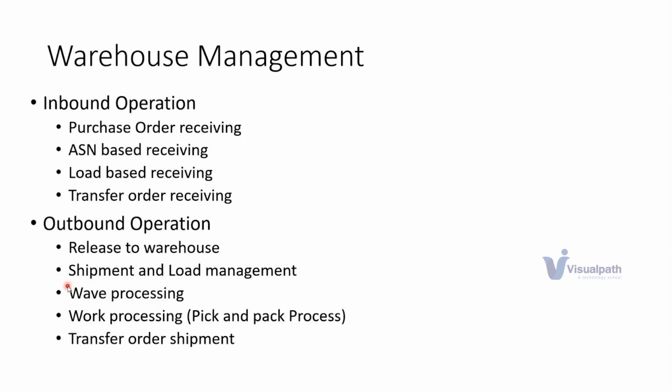So a wave is like a batch of shipments that they are going to process. In other warehouses there will be multiple schedules. If something has been ordered in the morning, by afternoon there will be a wave processing, and if it's a 24-hour working warehouse, there will be one or two wave processing schedules.